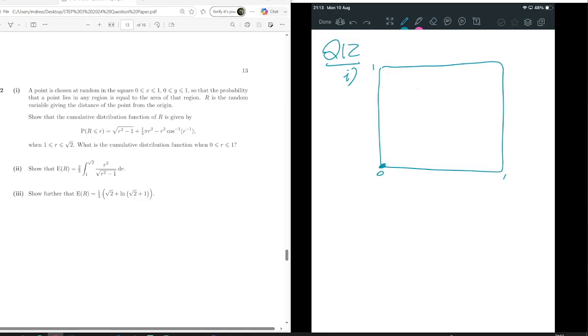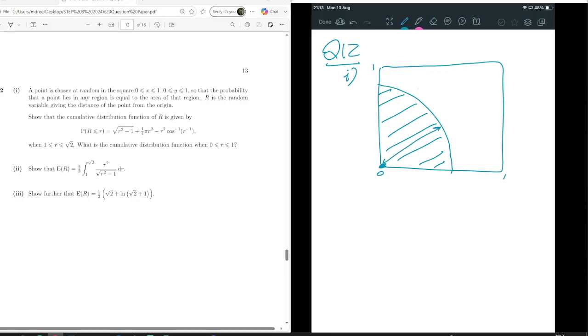A really clever technique for this is not to work out the probability of hitting an exact distance. This is a continuous distribution, so hitting any exact value is actually going to be 0. But instead, think about hitting anything up to that particular value.